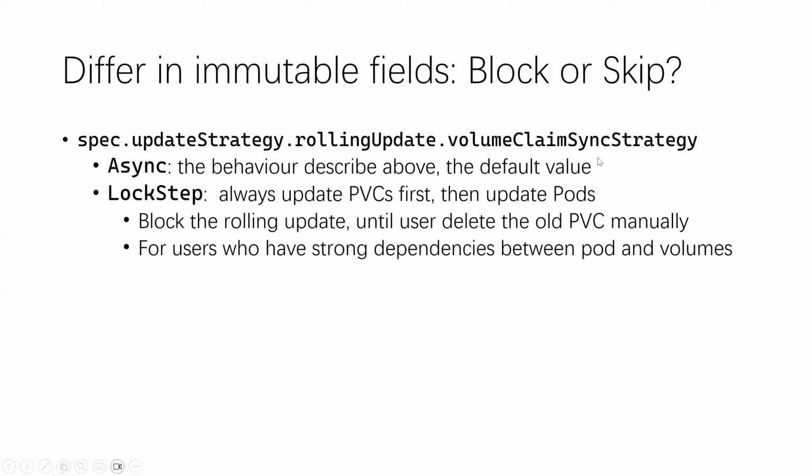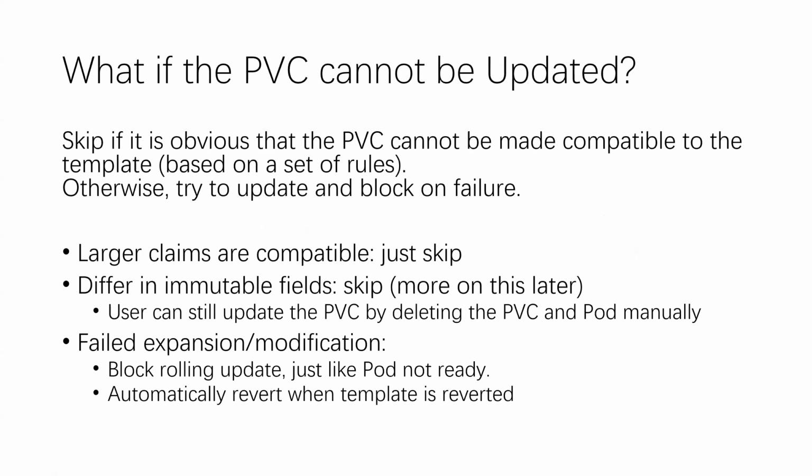This strategy is designed for users who have strong dependencies between pods and volumes. But I don't have such a use case currently. I just think someone may need this. So we may discuss later which strategy is more desirable.